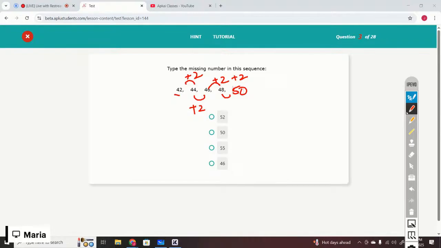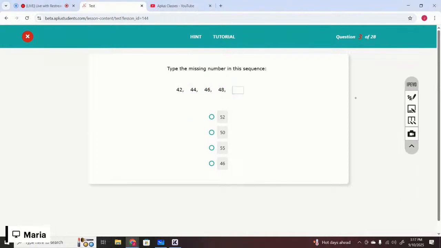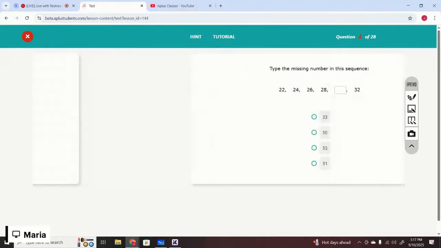The next number in the sequence is 50. Option number 2 is the correct option.